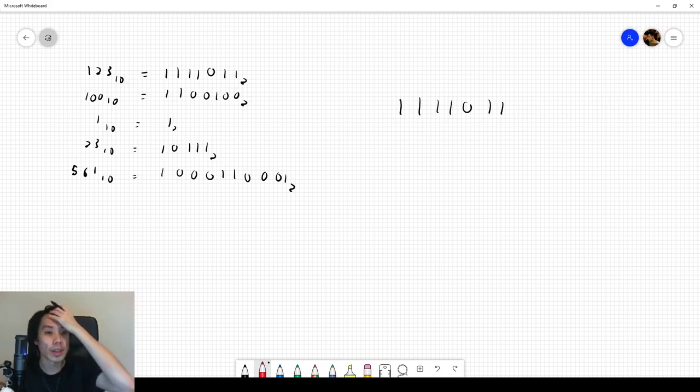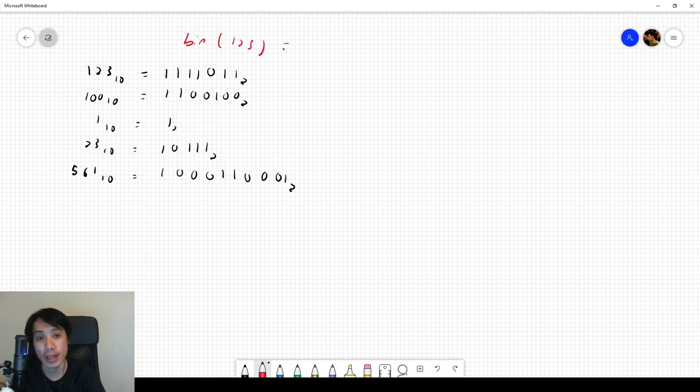Okay, so the concept of Elias coding is very simple. What you see here is the binary representation. If you use binary of 123, you're going to be given 1 1 1 1 0 1 1. But note, if you use the Python binary function, you're actually getting a string, which is 1 byte, 1 byte, 1 byte for each character.